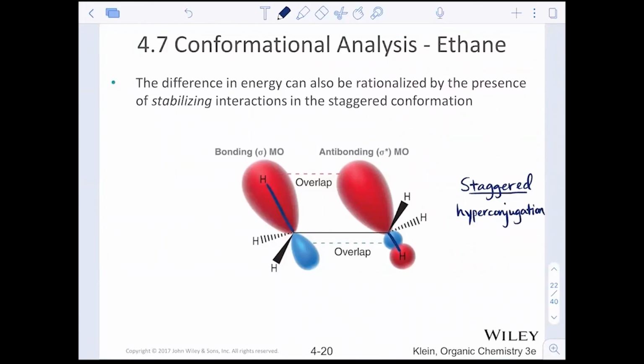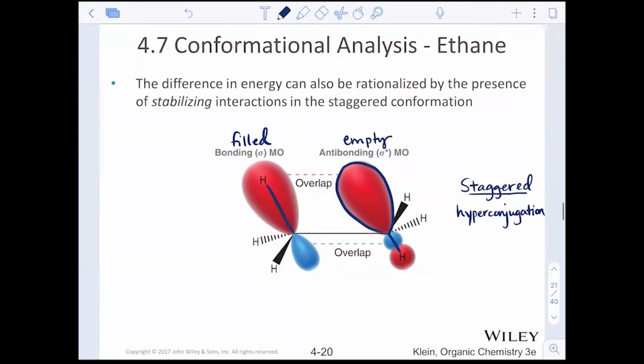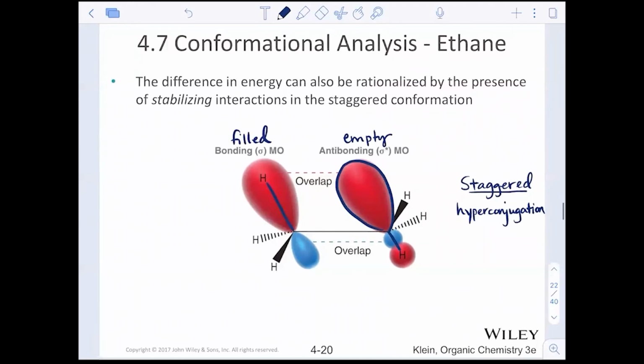Hyperconjugation is the idea that in a stabilizing interaction, a filled bonding orbital is parallel to an empty antibonding orbital, or an empty orbital in general. And so when we're looking at this diagram, notice that there's an overlap here.